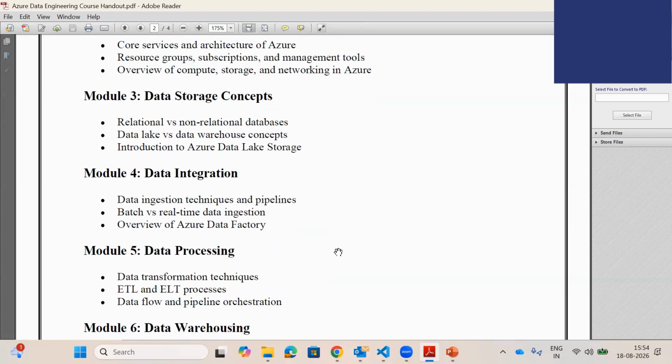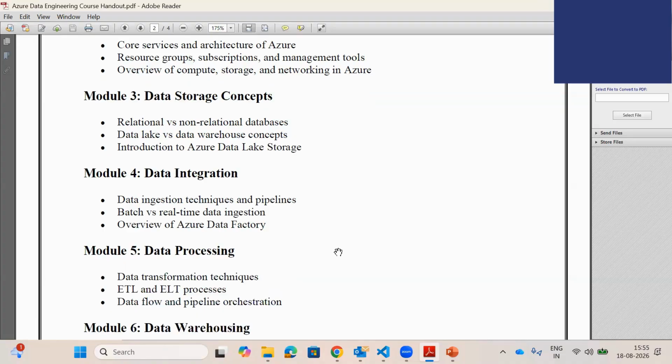Similarly, there's the concept of ETL, extraction, transformation, load. Whenever we talk about data, we need to extract the data from some place, some resources, isn't it? So how to extract the data? How to continuously extract the data? That is also important. It is not only one time we extract the data. For that, we need to create a pipeline and use certain techniques.